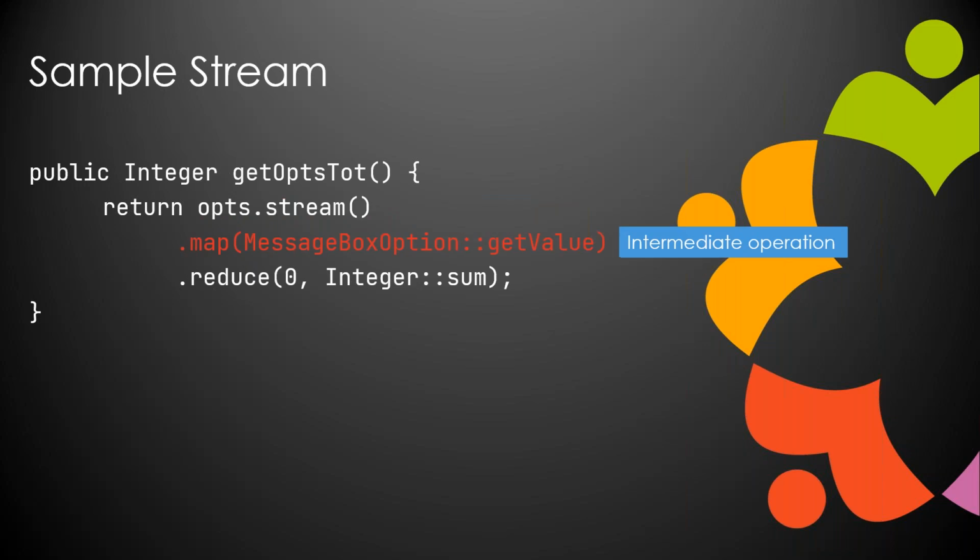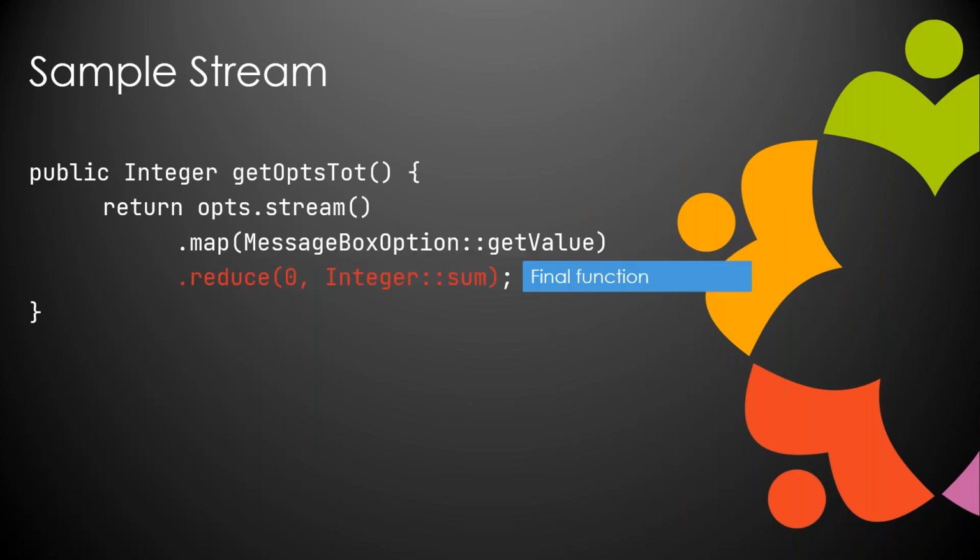That's our data source. Map is then the intermediate operation. So map is passing each enum into the transforming function. Each enum was a message box option. So the transforming that we're doing is to call the getValue method on that enum, which returns its value. So MB_OK was 1.